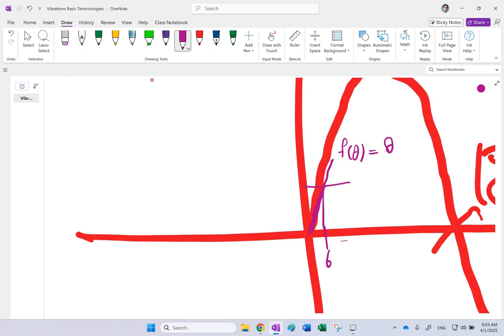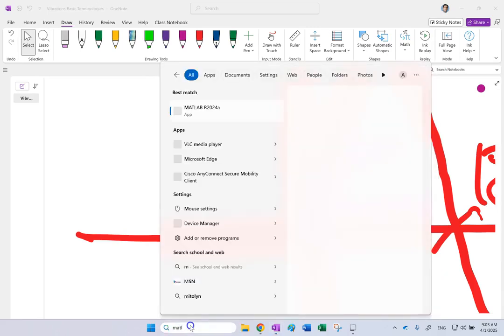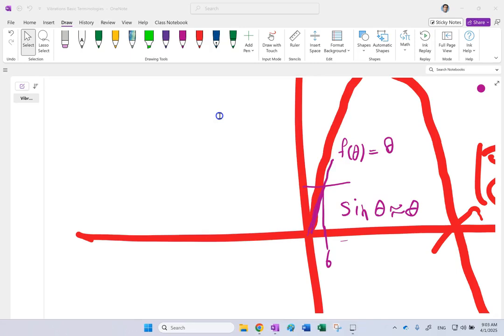Okay, so I can approximate my sine function by what? By theta itself. And you can just look at it in MATLAB or any other software. You can pass the values of 1 to 5 or 6 degrees and compare the sine of the angle to theta.